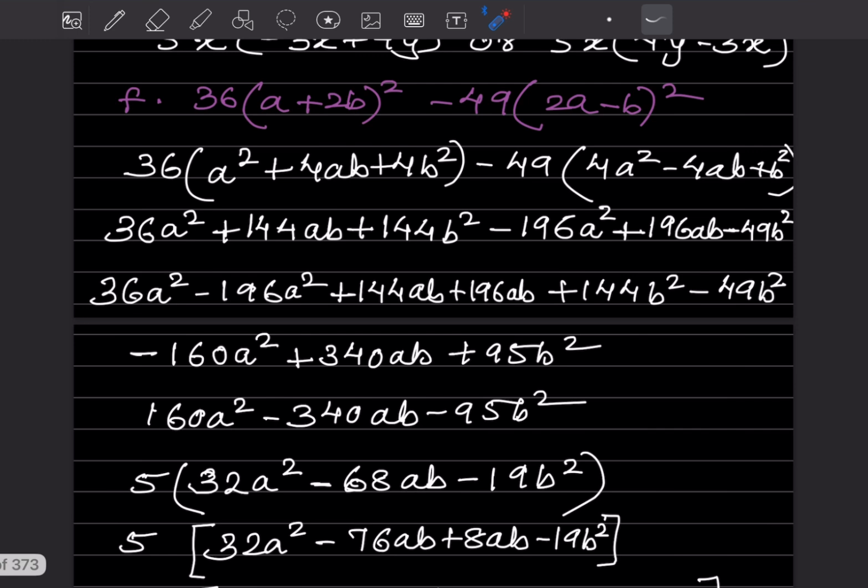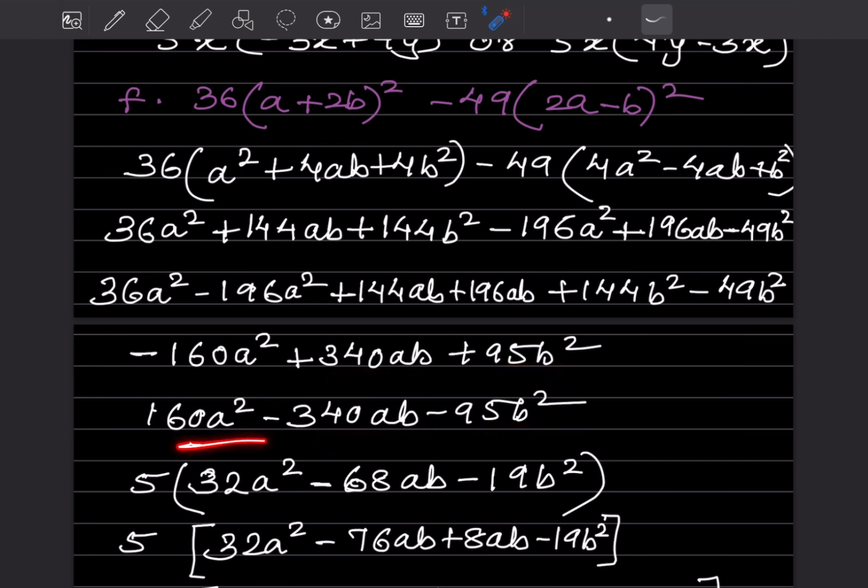So now this can also be written as, because now this is the negative sign, easier, we can make it positive, because whenever there is a negative first term, we have to make it positive. So 160a square. Since we have changed this sign, this also should be changed. So this is going to be minus, and this is going to be again minus, and this is going to stay the same.